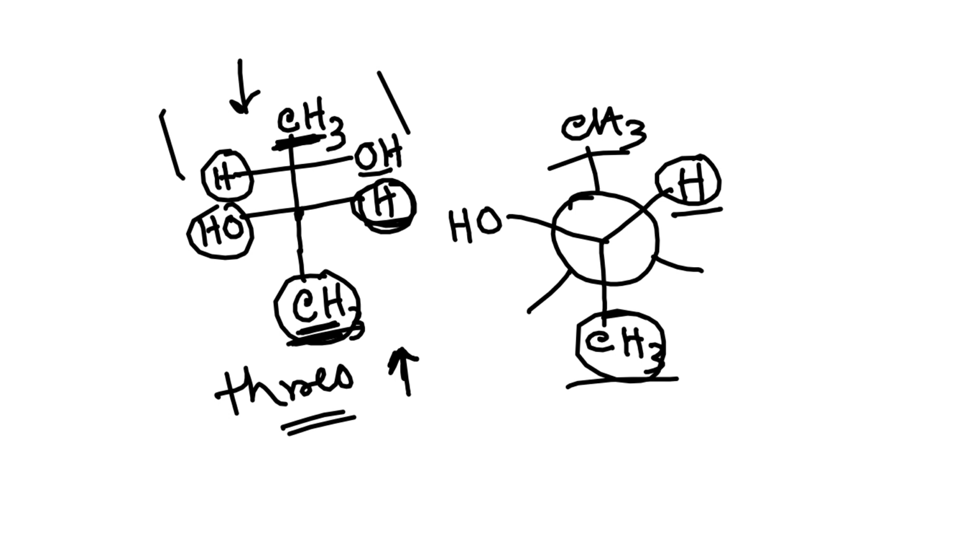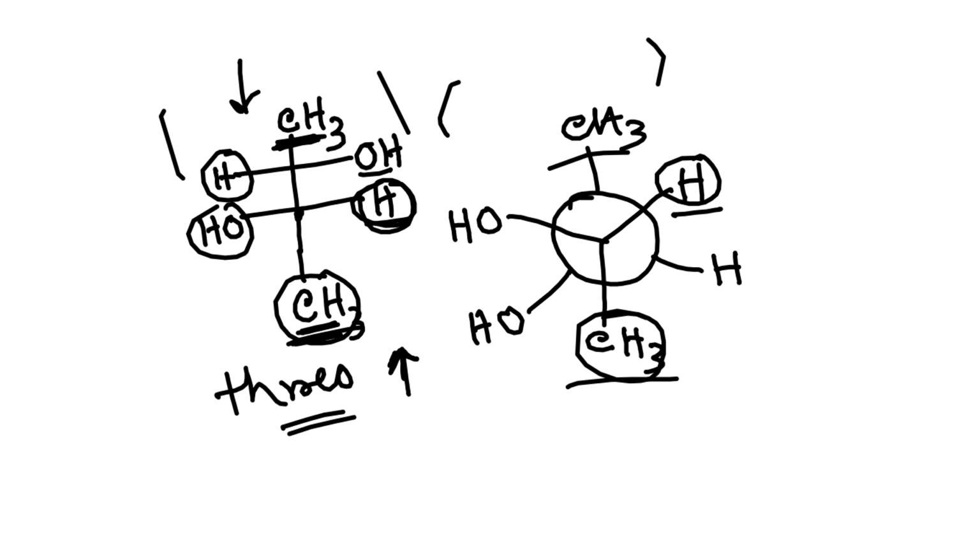Now, because we are making them anti to one another, and it is threo configuration, the two other groups will be Gauche to one another. So we have to put the hydrogen over here and the OH group over here. Okay. So this is how you can directly draw the molecule which was in the eclipsed form. You can directly draw it in the staggered form.